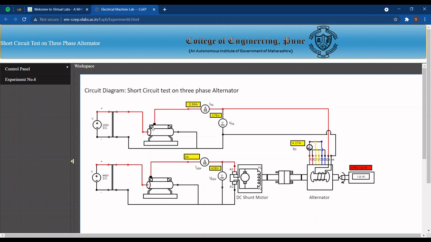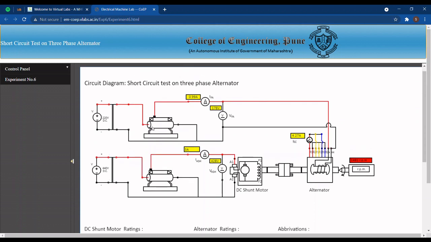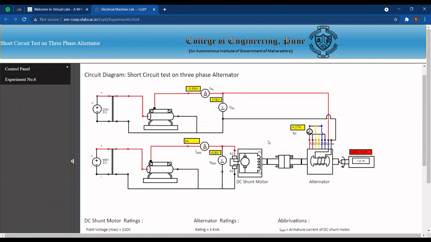Now the rated alternator current is circulating in the short circuit terminals. Now note down the field current as well as the short circuit current. For the short circuit test, you have to take only one reading.